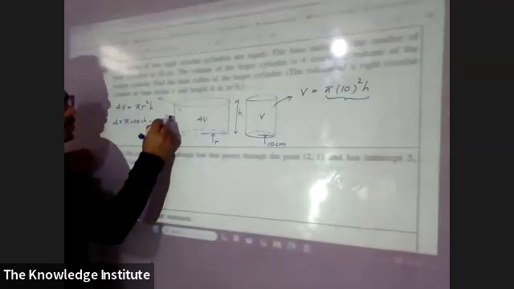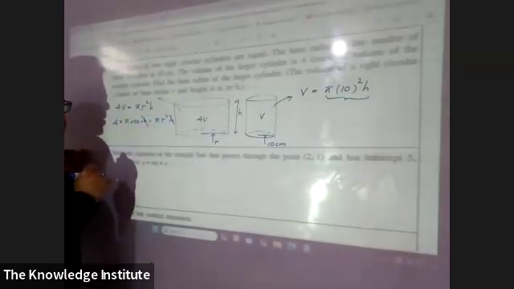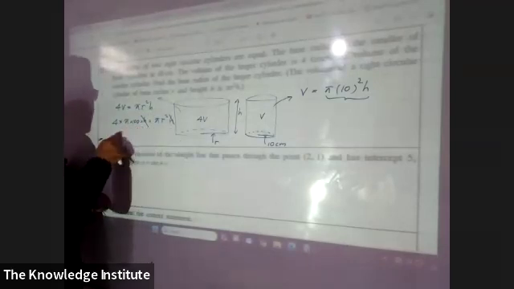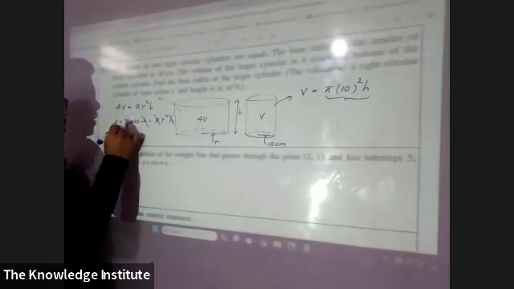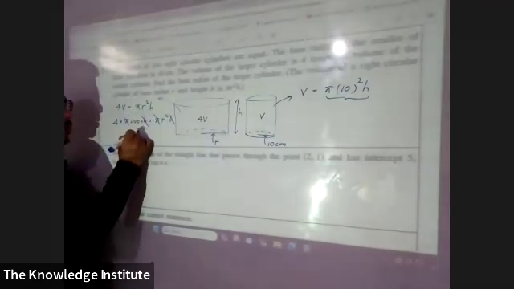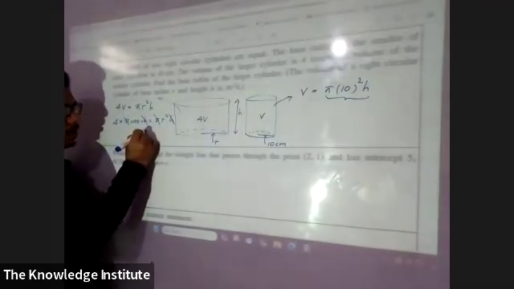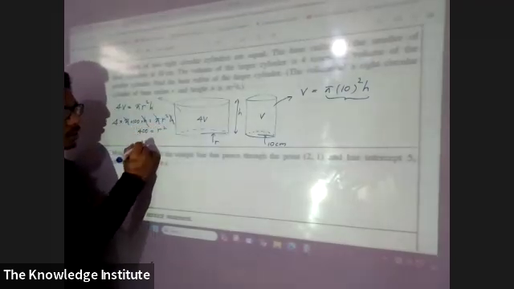Here this H and this H we can cancel, and the 5s cancel. So we have 4 into 100, 400 equals r squared.